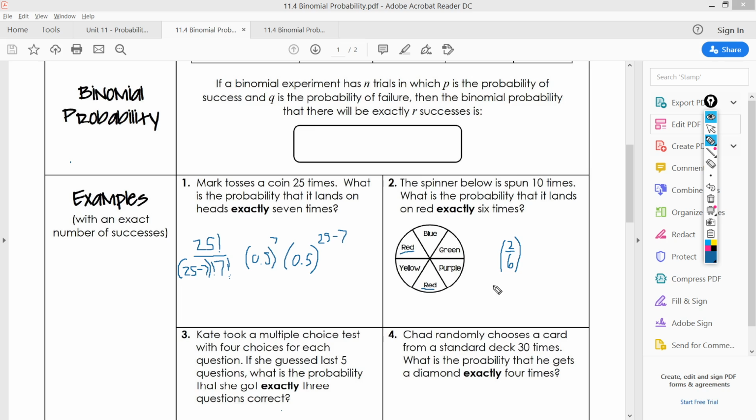And I want to know, what's my chance of doing that 6 times? So I want my 2/6 chance of success 6 times, times, what's my chance of failure? 1, 2, 3, 4 out of 6. And how many failures do I expect? If I'm doing 10 spins and 6 successes, then 4 of those will be failures.